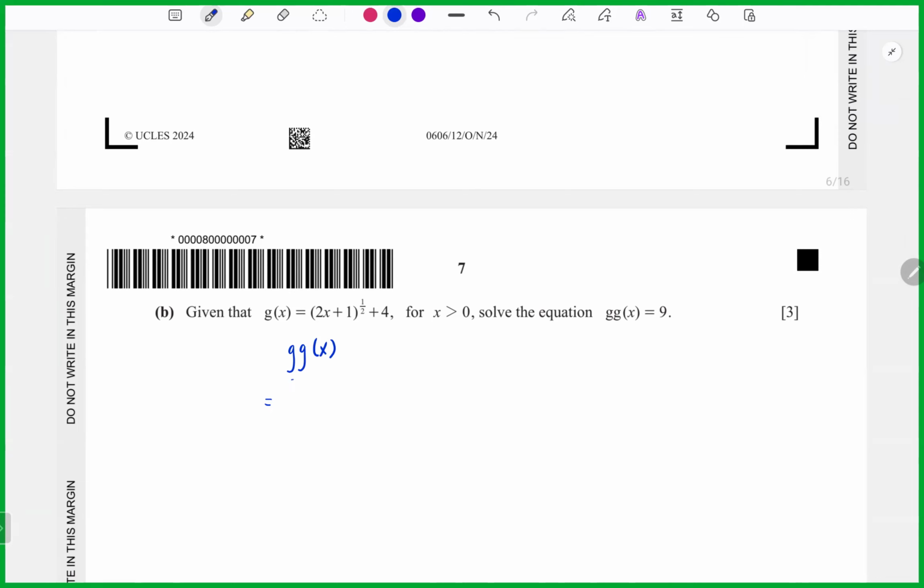Here square root 2 square root again. 2x plus 4, plus 1, plus 4.